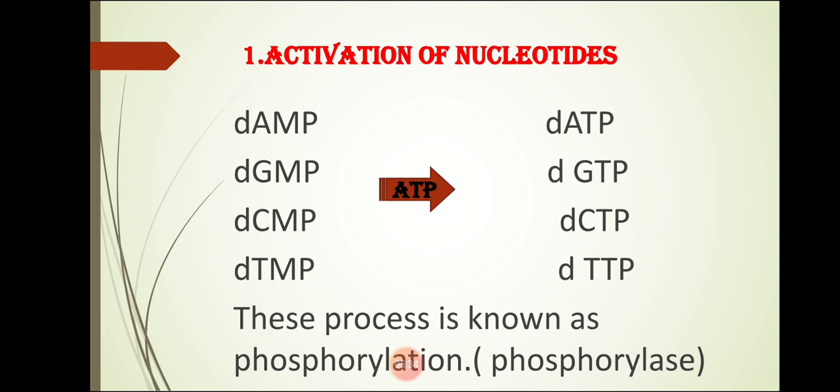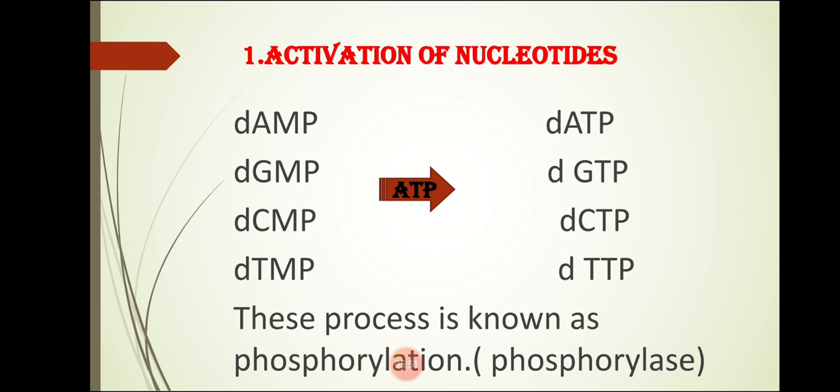All these nucleotides in their initial step are present in the monophosphate form, and they all are inactive. During the process of activation, they all get converted to their triphosphate form.